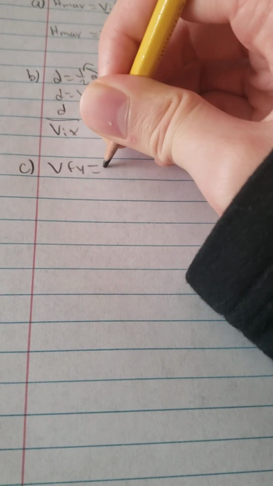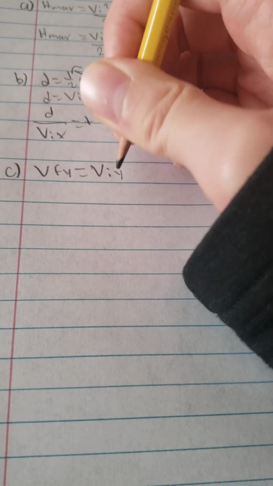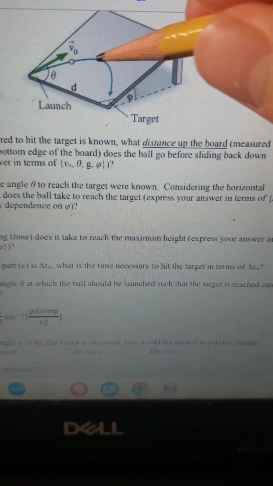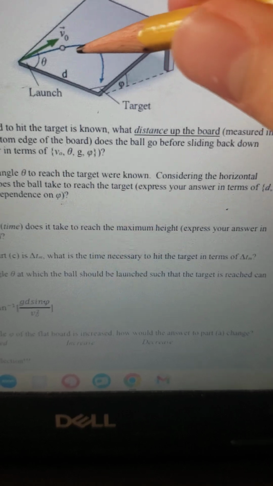For part C, time to reach max height, we can use the kinematic function again with vfy equals viy, because the t max will occur at the vertex, which is determined by height, so that's why we use viy or vy.